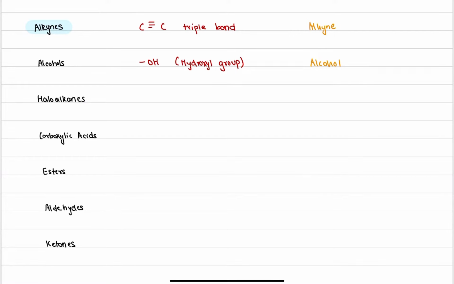Okay, then we move on to our haloalkanes. So, in our haloalkanes, we basically have some halide which is attached to our organic molecule. So, this X can be bromine, chlorine, iodine, or even fluorine.